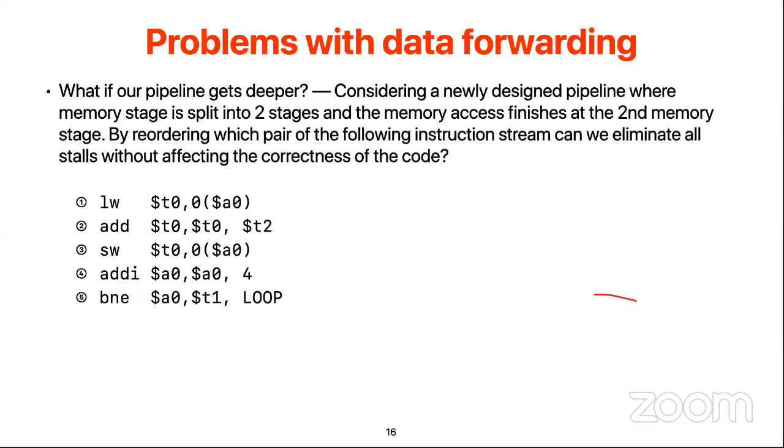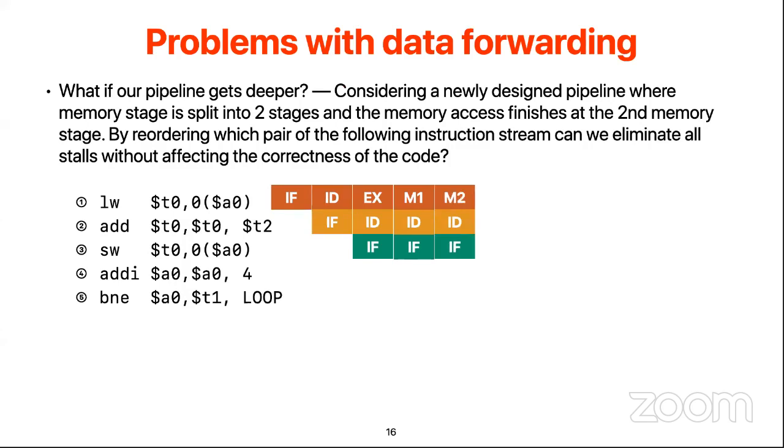Let's say what if my pipeline goes deeper? Like in this case, you have a second memory stage, so your memory stage is split into two. So I have IF, ID, EX, M1, M2. Again, for this add instruction, it has to wait until the end of the memory stage to get the right input.